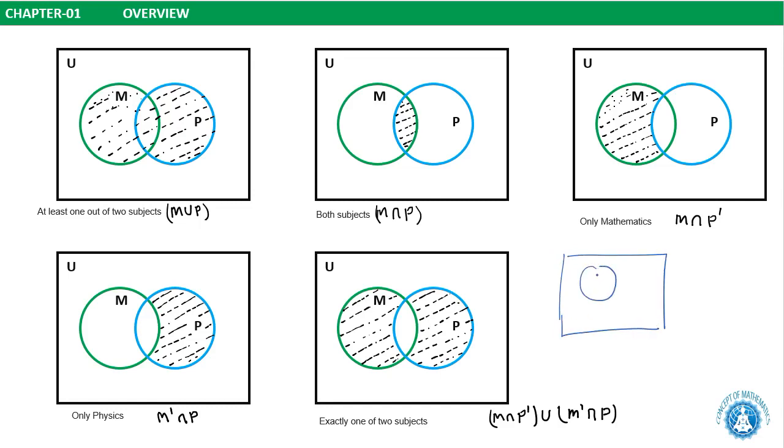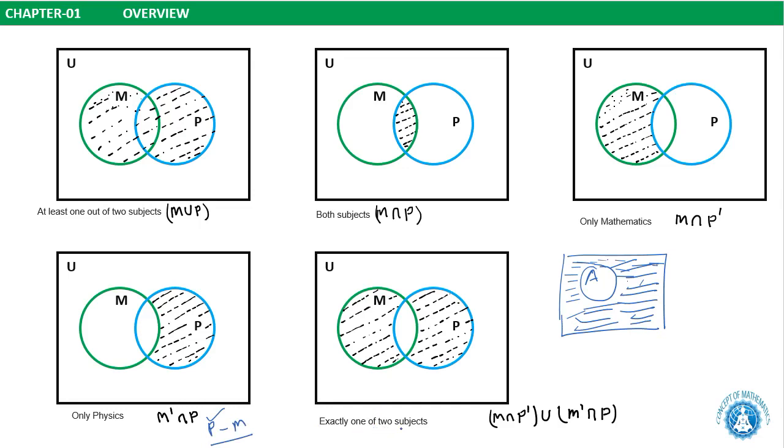Suppose this is a set A, then the complement of a set can be visually represented by other than A, or you can say not A. So only physics teachers can be represented as not math intersection physics. You can write it in another form, P minus M.